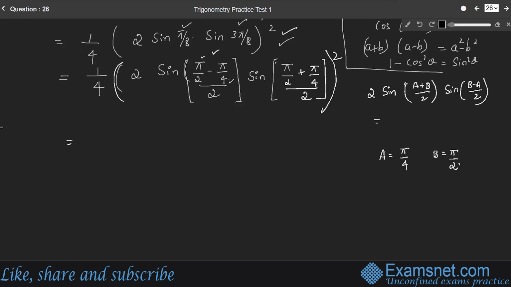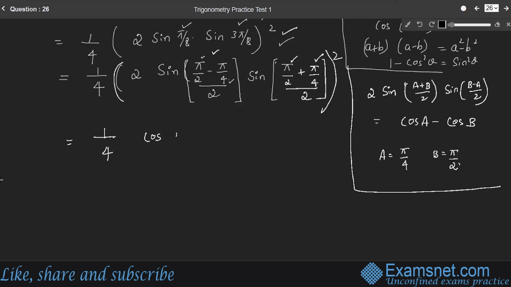So a plus b becomes, here a is pi by 4, b is pi by 2. So 2 sine a plus b by 2 into sine b minus a by 2 is cos a minus cos b by the standard formula of trigonometry. So it is cos a minus cos b. Right? Therefore, the expression can be written as 1 by 4 into cos of, here a is pi by 4, minus cos of b, which is pi by 2.